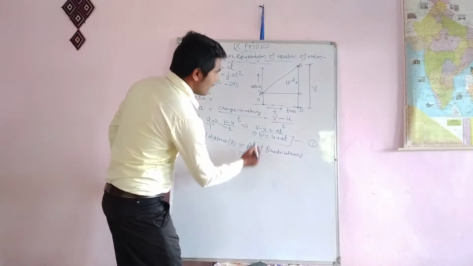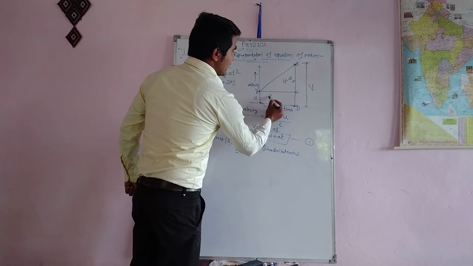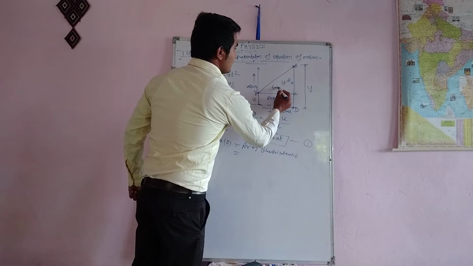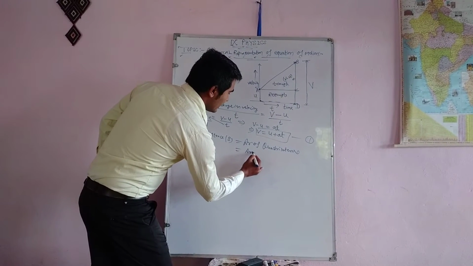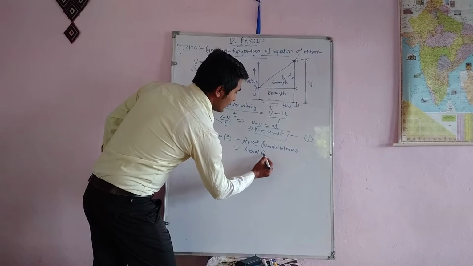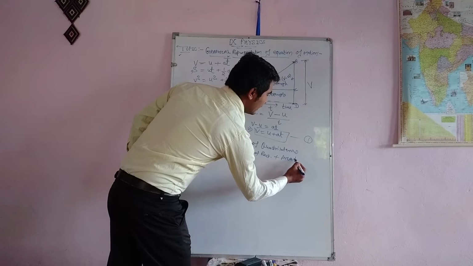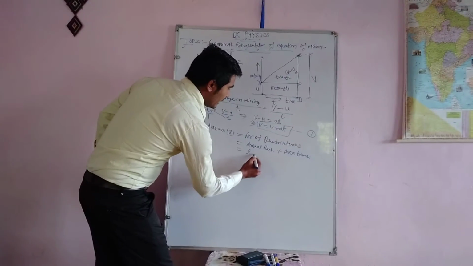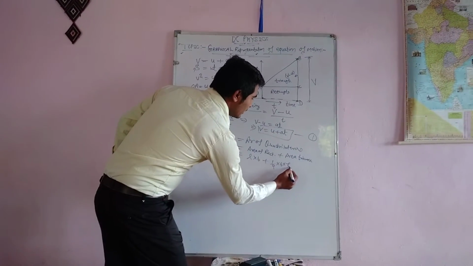We can find the area of the quadrilateral by splitting it into two figures: first a rectangle and second a triangle. So the area is the area of the rectangle plus the area of the triangle. The area of a rectangle is L into B, and the area of a triangle is 1/2 base into height.